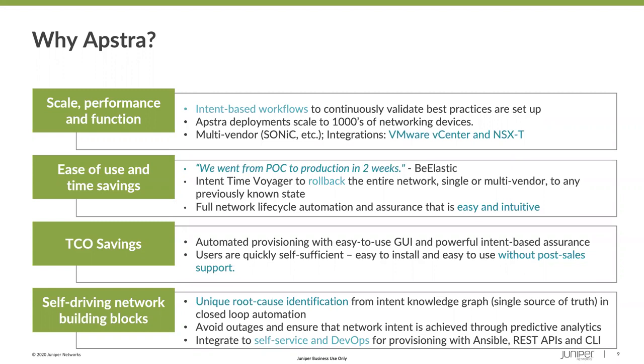Well, the answer is, we are seeing requests coming in where customers either want to do multi-vendor, or they want to use Apstra for only maybe Juniper, or maybe even Arista. So for us, it could even be an insertion point in the Arista network to use Apstra and maybe then add security, SRXs, or maybe the Paragon. So the multi-vendor will continue.